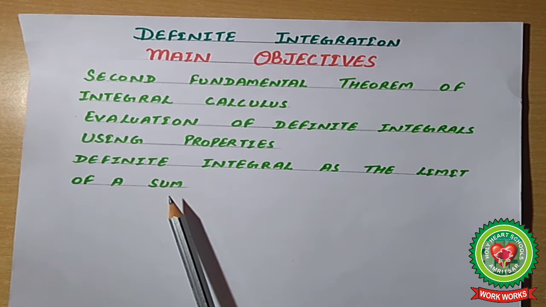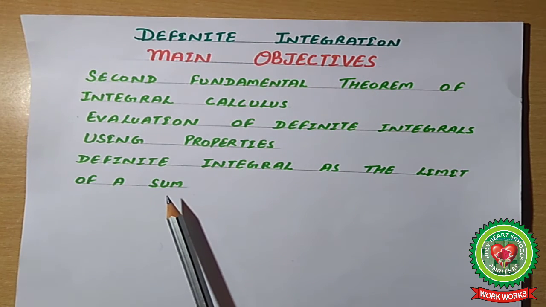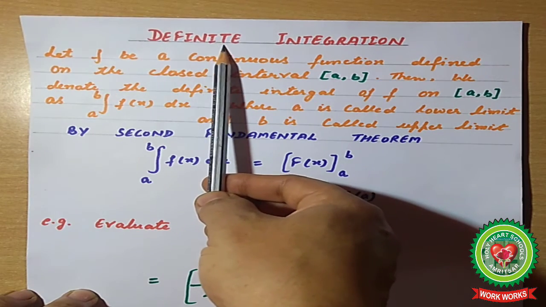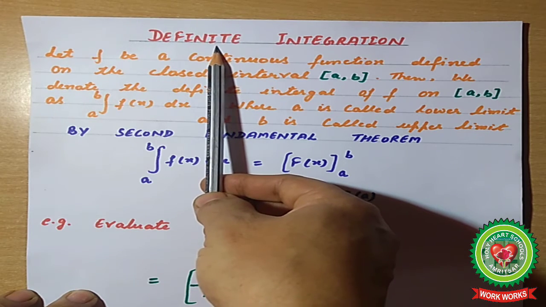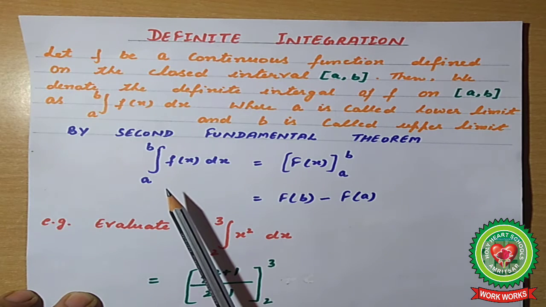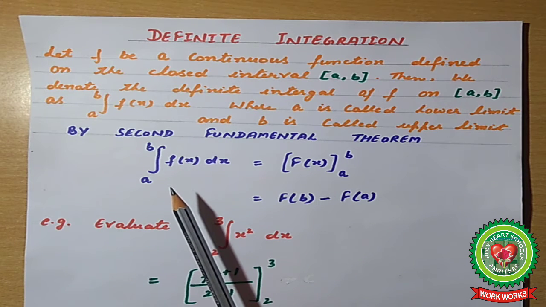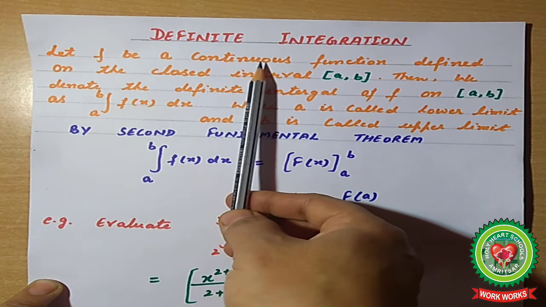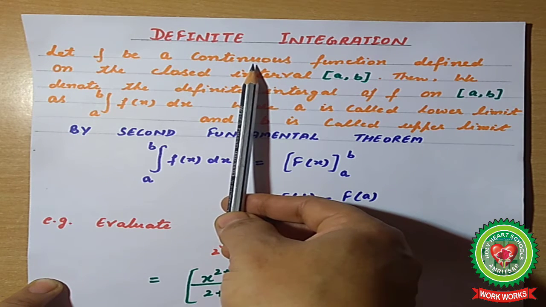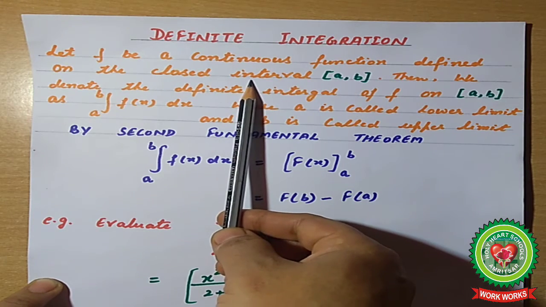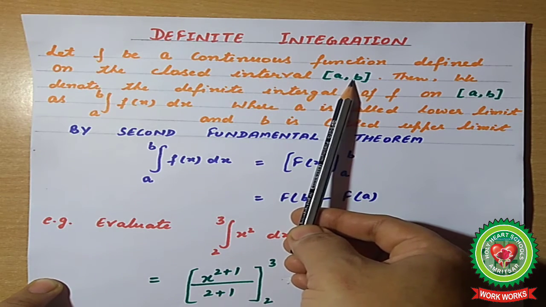Now, first of all, we will learn the meaning of definite integration. Definite integration, as per the name, definite, particular, fixed. In definite integration, the function is defined for a particular period. Let f be a continuous function which is defined on the closed interval a and b.